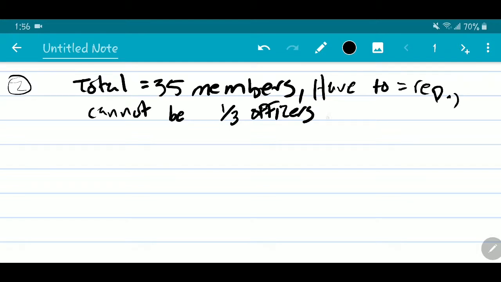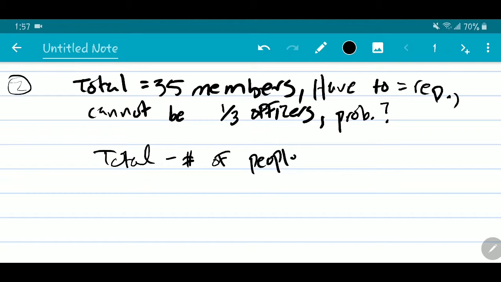Now it's just asking for the probability of a member of the club who is not an officer. There are 3 officer positions. So basically all we have to do is total minus the number of people not an officer.